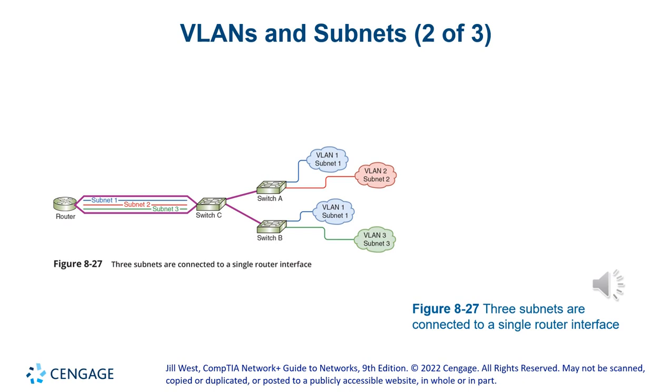And remember, VLAN 1 on switch A and VLAN 1 on switch B assume to themselves that they are part of one same network. They don't need to go to a router. If VLAN 1 talks to VLAN 1, the switch is smart enough to send the traffic to C, and C will send it to A, and A will send it up to the client.